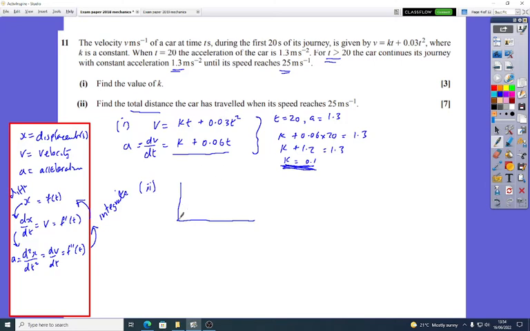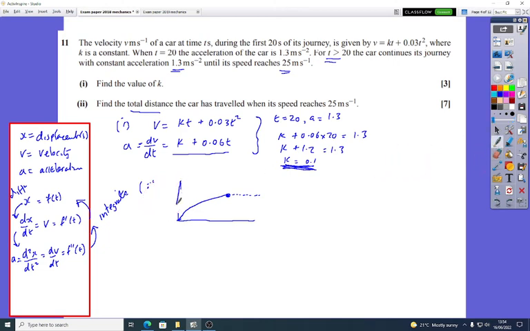some kind of quadratic going from here to here, and then when it reaches acceleration 1.3, it just... right, shouldn't use 1.3, sorry, that's an acceleration.